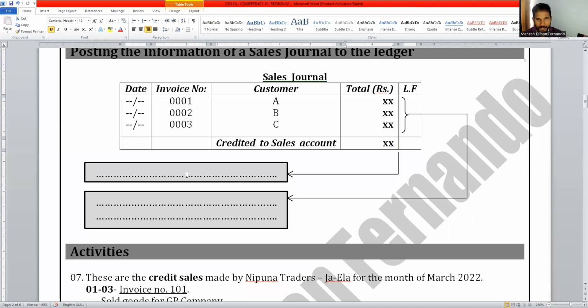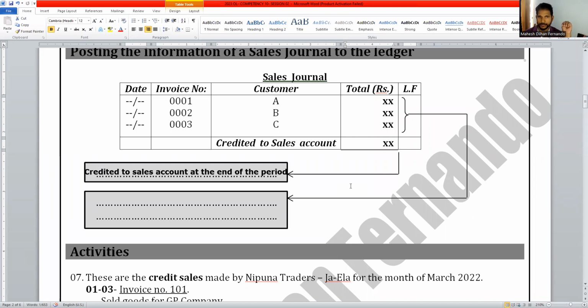You have to say at the end of the month, credited to the sales account at the end of the period. At the end of the period, you have to credit the addition of the sales journal to the sales account.